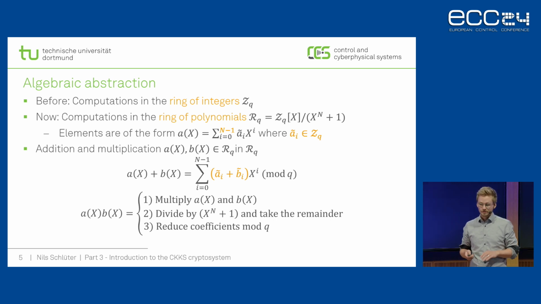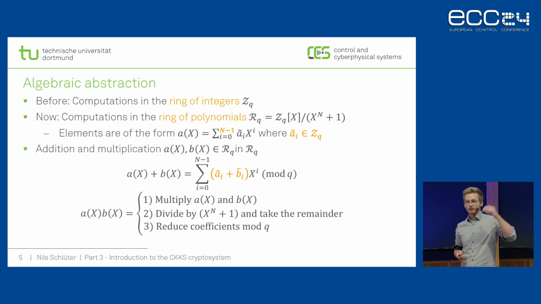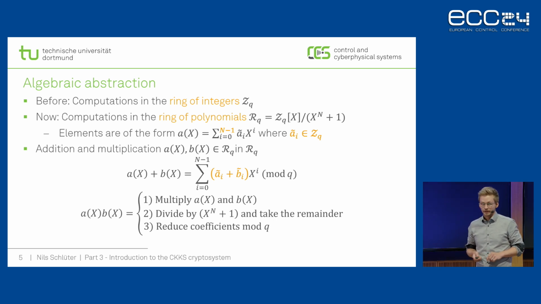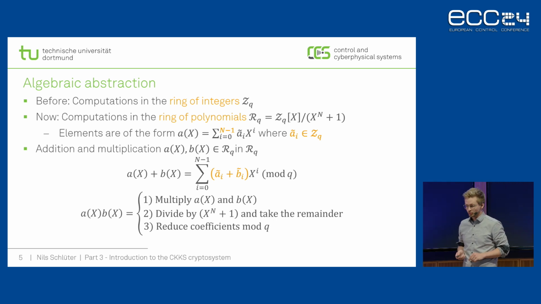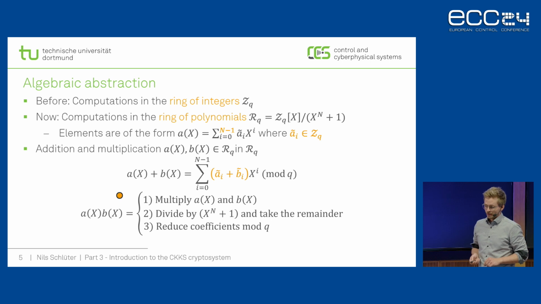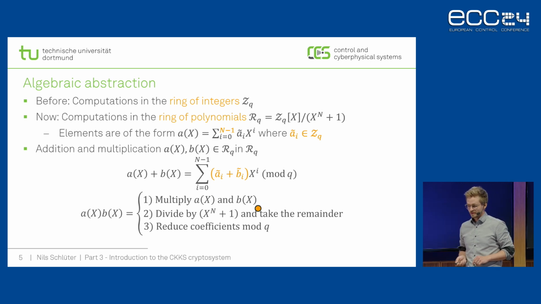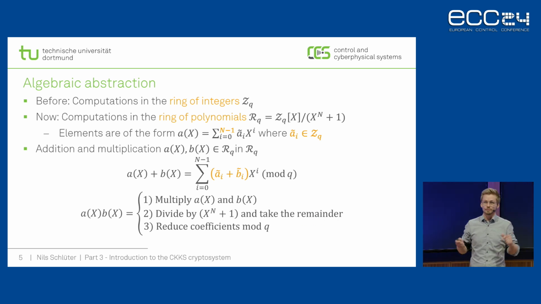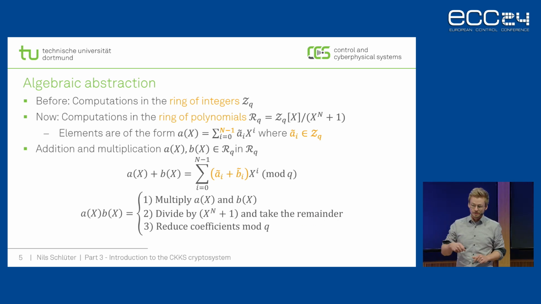In this case, due to this modulo reduction and reduction by the polynomial x to the power of n plus 1, it's actually a negative wrapped convolution, and it works as follows. First, you multiply both of these elements. Then you divide by x to the power of n plus 1, so this is a polynomial division, and you take the remainder of that. And then you reduce every coefficient by mod q.